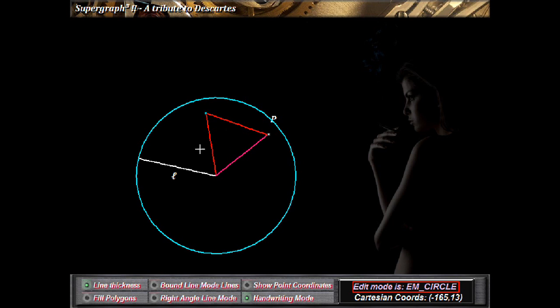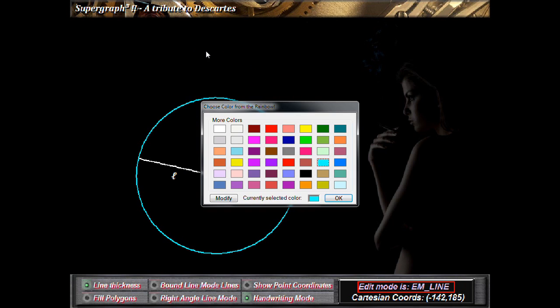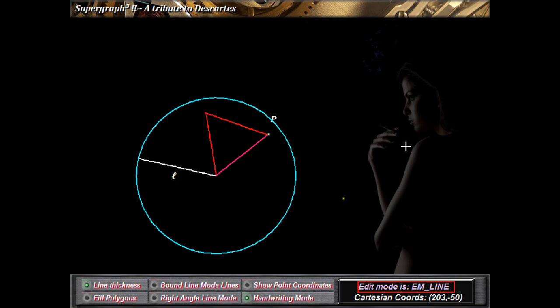I find that it's easier to use a different color, and I want the straight edge. I'll do this.